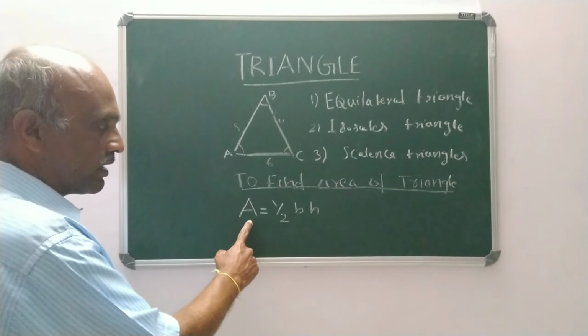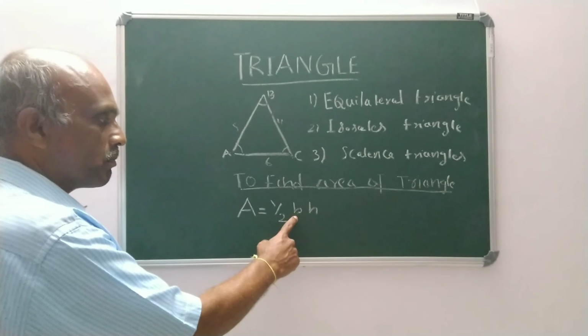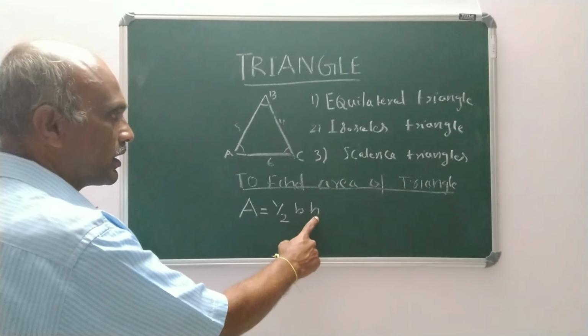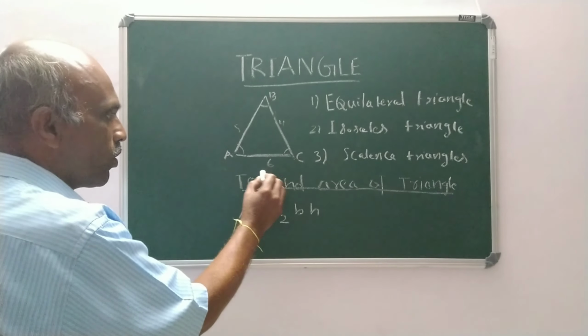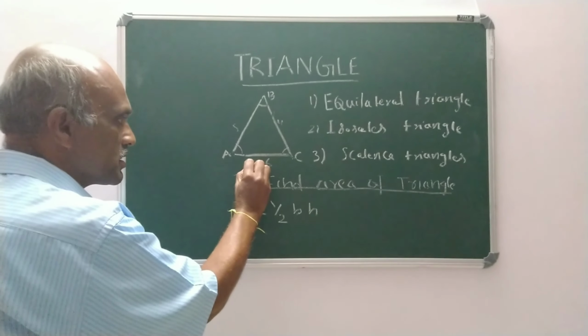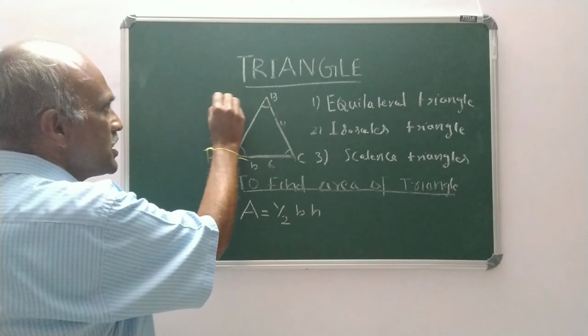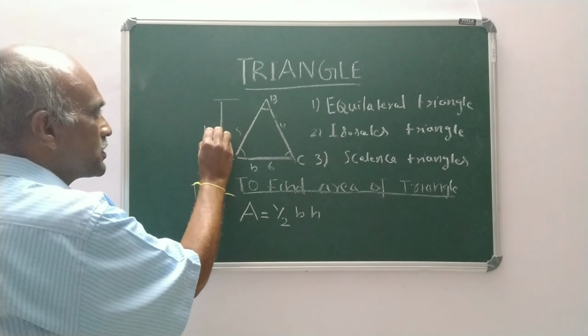A stands for the area of the triangle, B stands for the base of the triangle, H stands for the height of the triangle. For example, if you consider this triangle, one of the sides can be considered as the base, this is B, then the height will be the distance from the apex of the triangle to the base of the triangle, represented by H.